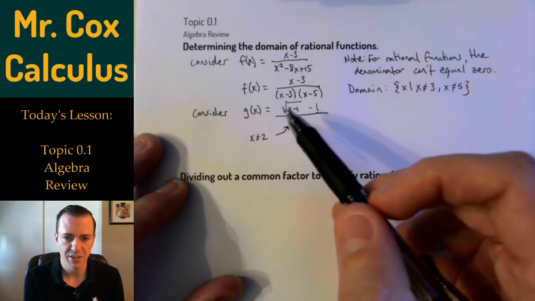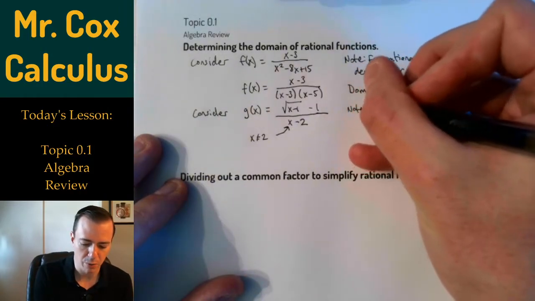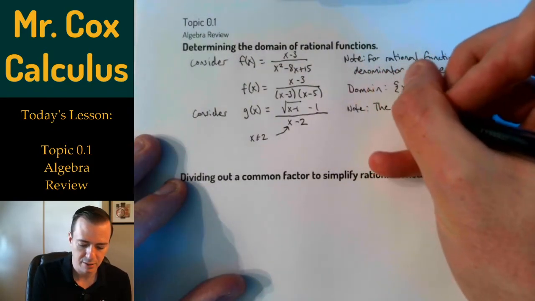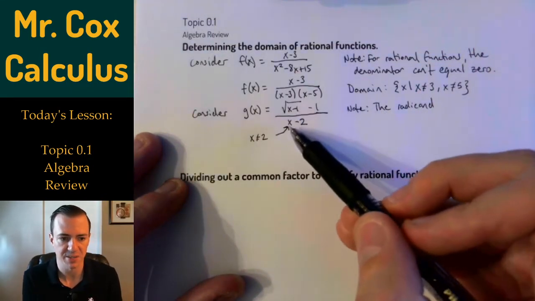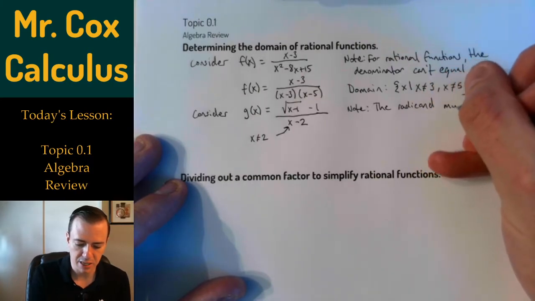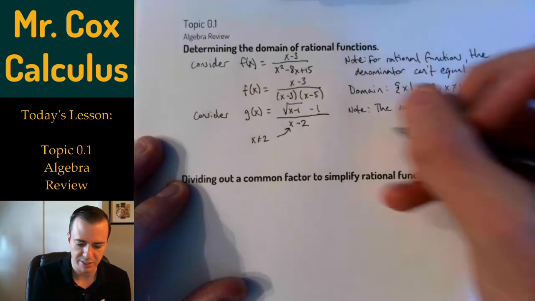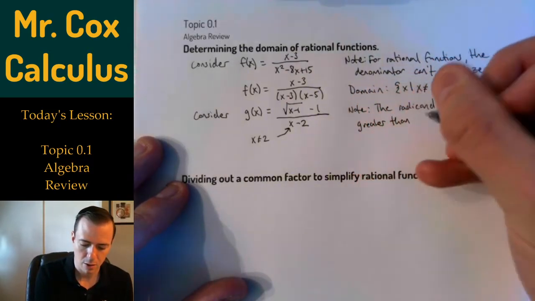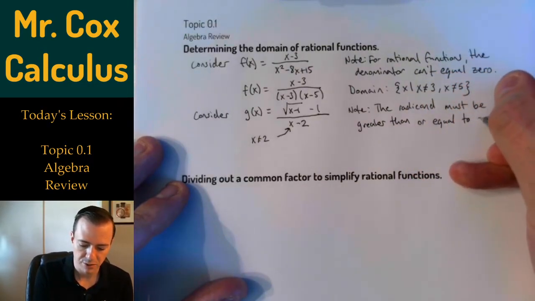But we also have this issue with the square root or the radical. And so another thing to note when we talk about the domain of these kinds of functions, the radicand, which is the term for the expression that's underneath the radical symbol here, the radicand must be non-negative, or another way to say that is greater than or equal to 0.